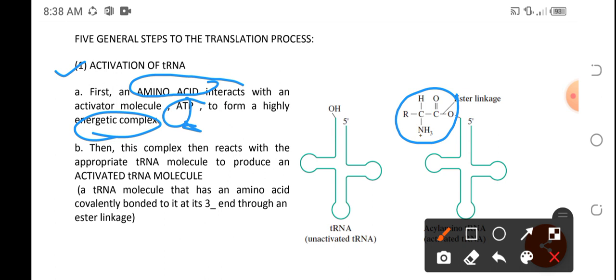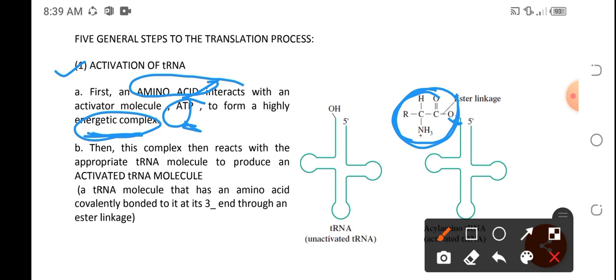Once in an energetic form and energetic complex si amino acid, it will now be bonded to the 3' end of the tRNA. Of course, with the help of aminoacyl tRNA synthetase enzyme, siya ang magli-link dito sa 3' end ng tRNA, ililink niya with the correct amino acid.